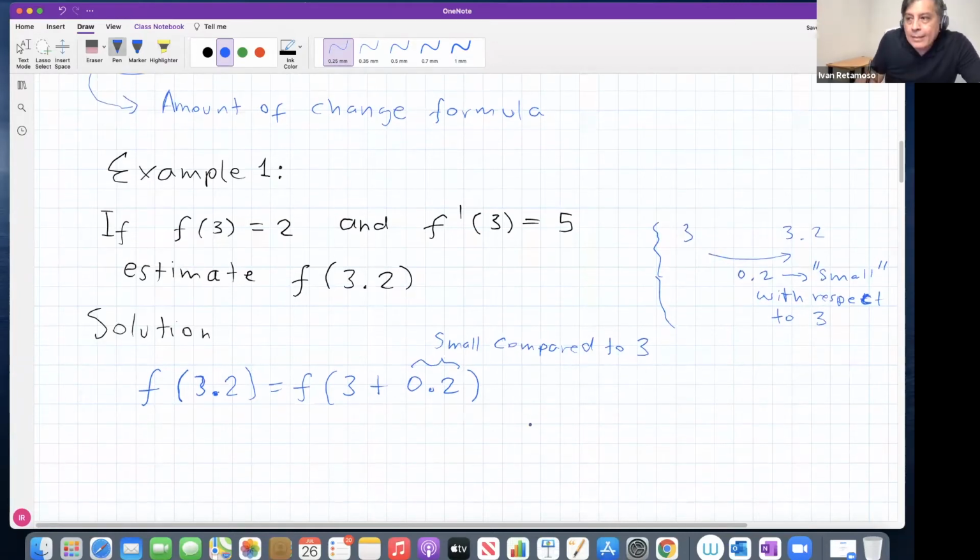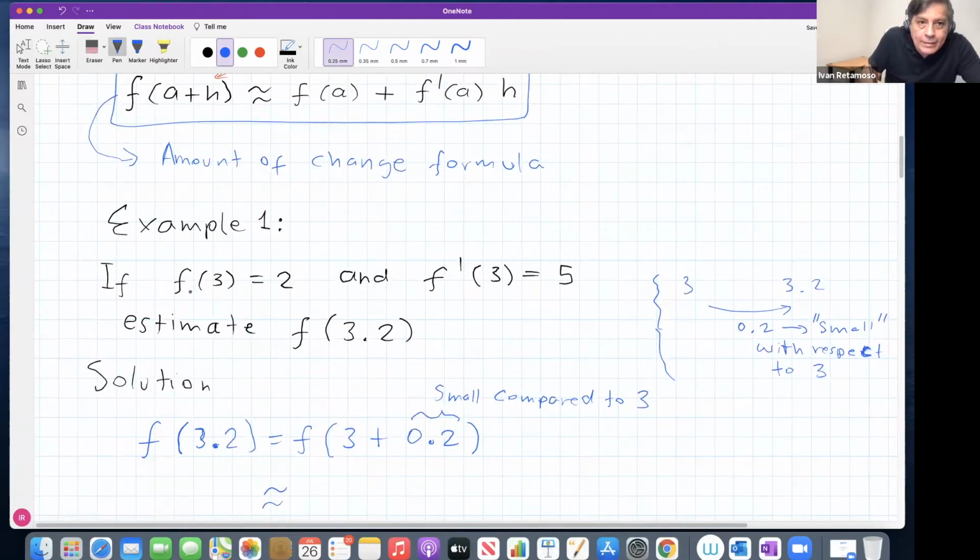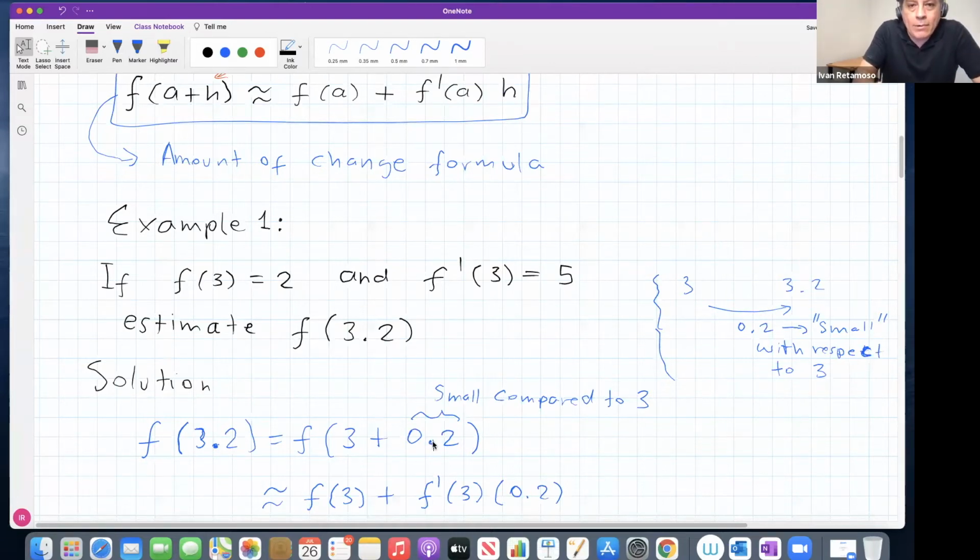Now, since this is small, I can apply the amount of change formula that I wrote here. This is going to be equal to the evaluation at the base point 3, which is given, plus the contribution of the derivative, f prime at 3 multiplied by this little change, 0.2. I am applying this formula because the change again is small.